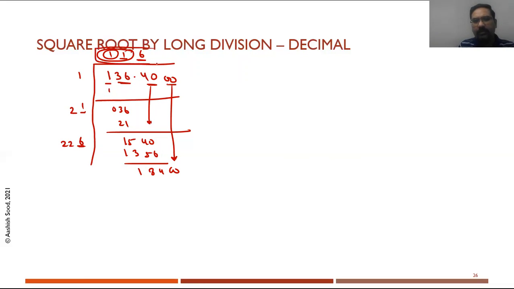Double of this entire number comes out as 232. I obviously cannot multiply by 9 because this would, by the looks of it, go beyond 18,000. So let's go with 8. So 2328 into 8, whatever is the number, I don't even have to bother with the calculation.